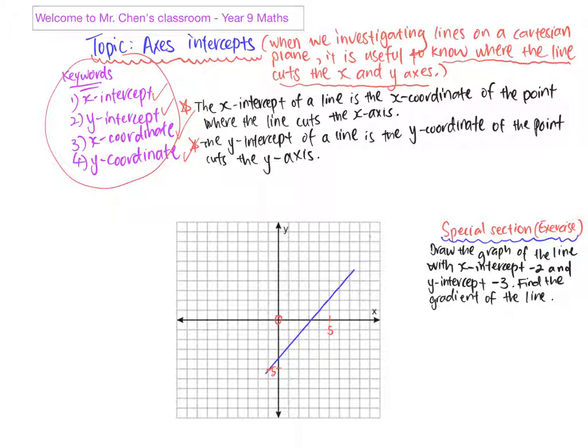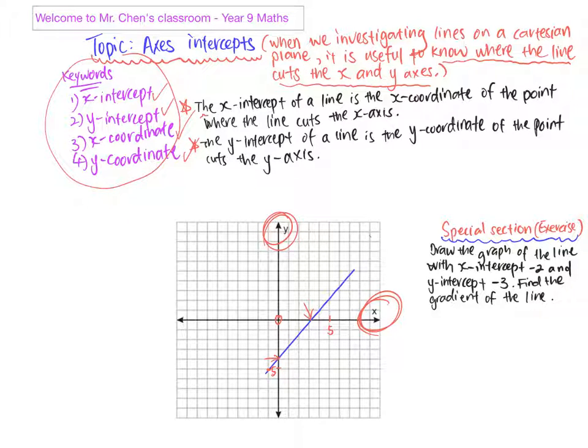Alright, this is what I mean. If you have a look here, these two coordinates are where the line cuts the x and y axis. As you know, that is the x-axis and that is the y-axis. That is where the line cuts. So without further ado, let me explain x-intercept and y-intercept.